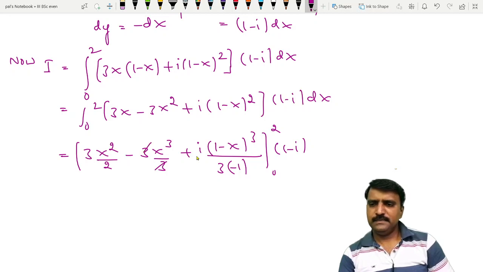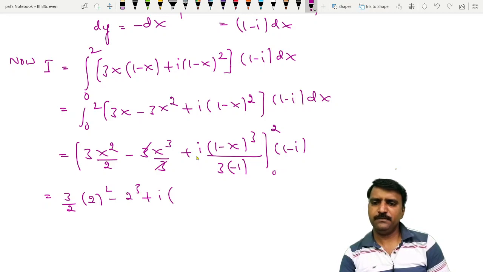Apply the limit here. 3 cancels. Applying the limits, this is 3 by 2 into 2 square minus 2 cube, plus i into (1 minus 2) whole cube divided by minus 3, minus the lower limit.